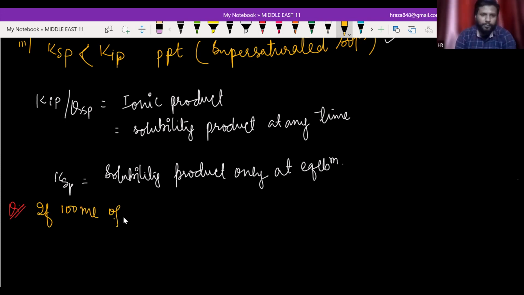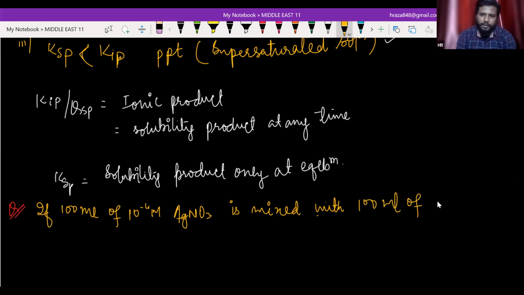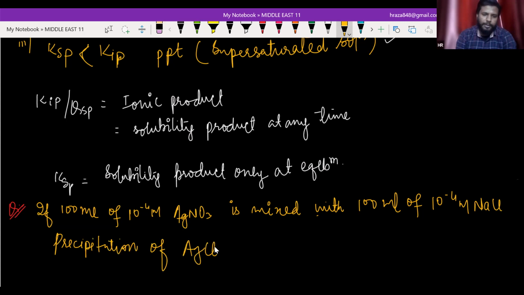If 100 ml of 10 raised to the power minus 4 M AgNO3 is mixed with 100 ml of 10 raised to the power minus 4 M NaCl, will precipitation of AgCl take place or not?